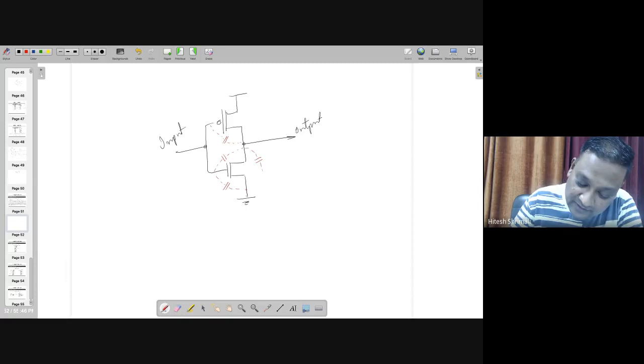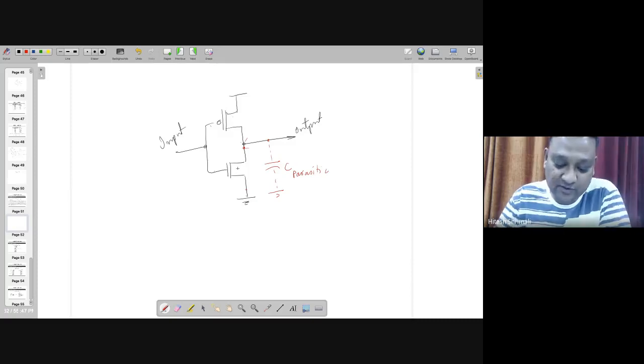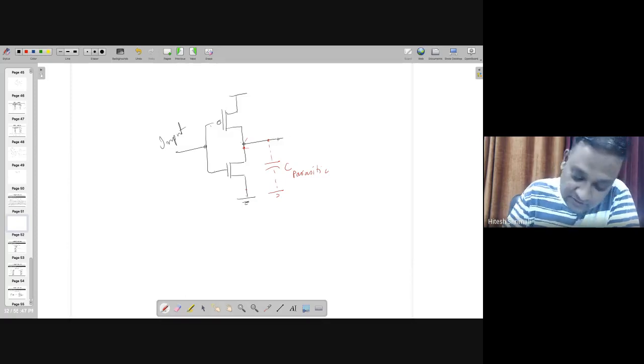Actually, there are many. Looking here, there are diffusion capacitances, and maybe this overlap. So in the high frequency model, you are going to experience a big parasitic capacitance coming from the high frequency model of PMOS and NMOS. But note that this is not the only thing.